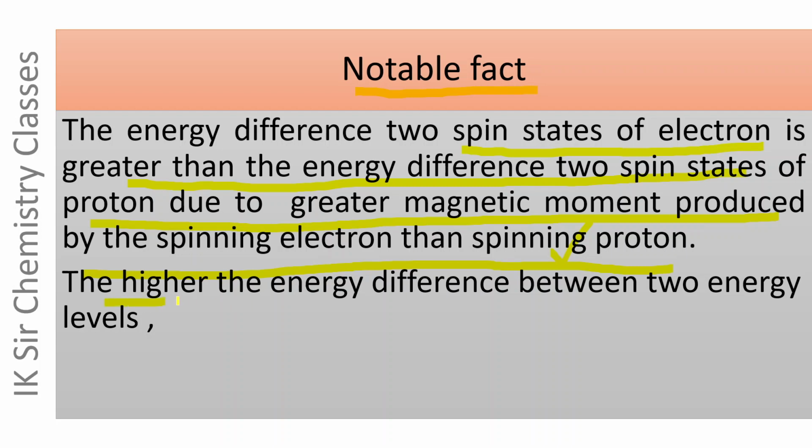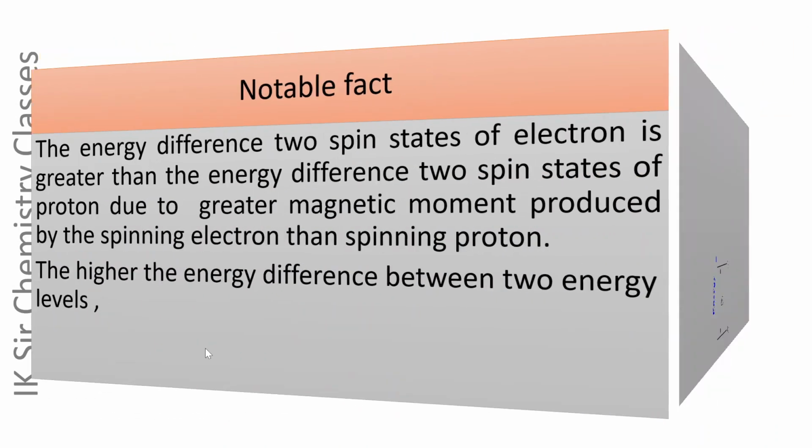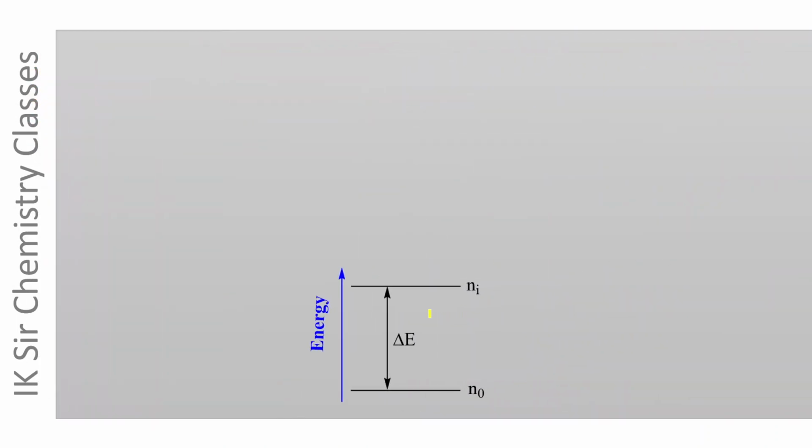The higher the energy difference between two energy levels, the higher the difference between energy of two energy levels. If this value delta E is larger, the population of higher energy level, that is N1, relative to the population of lower energy level, that is N0, will be lower.